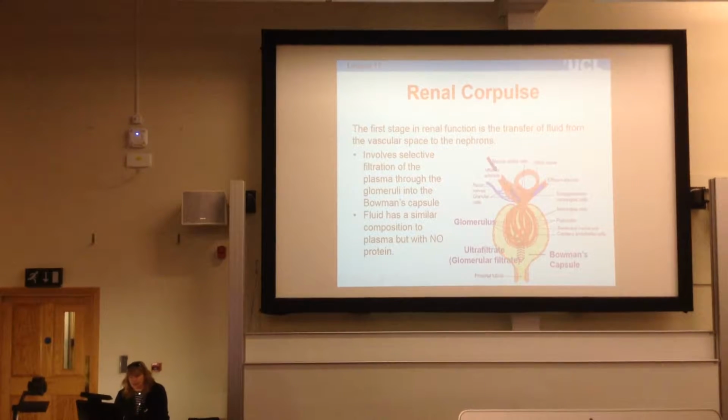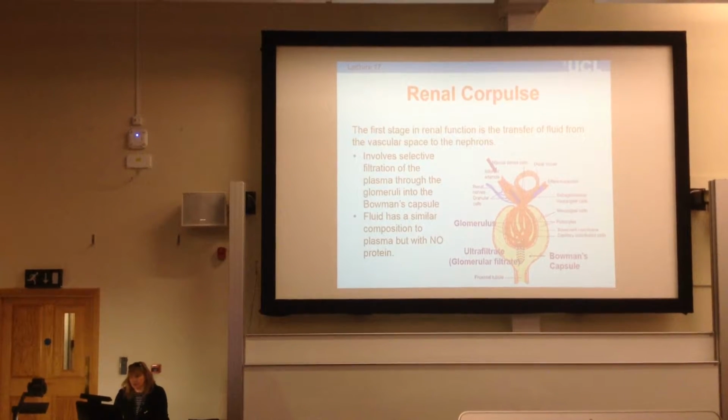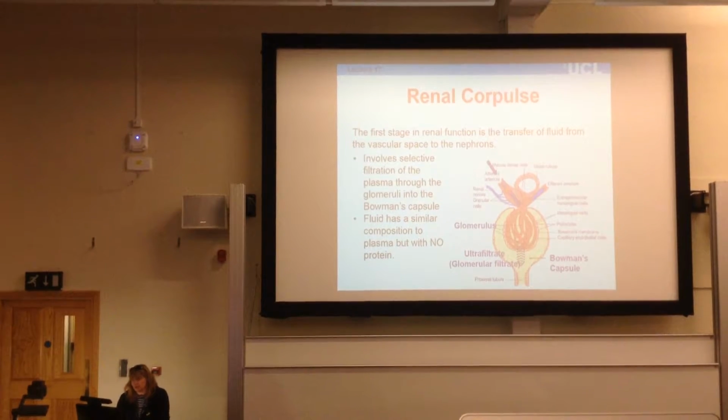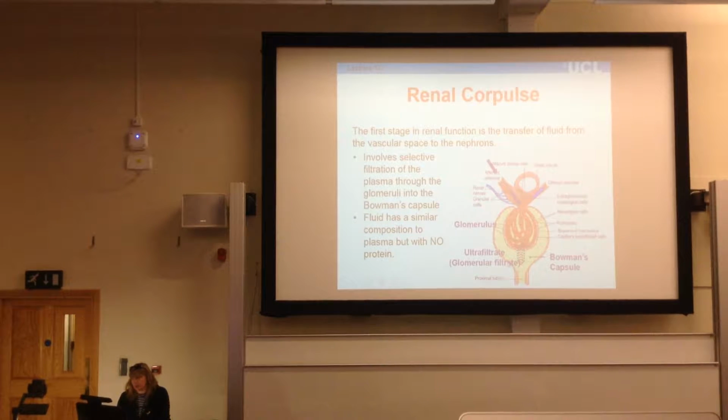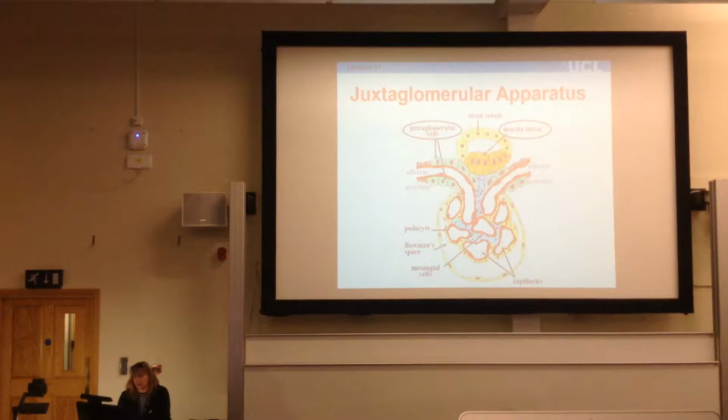So we have a range of selective filtration barriers within the glomerulus capsule, and we know that the fluid that gathers within the glomerulus capsule space contains little or no protein, but a similar composition to plasma. And I'll show you the evidence for that in a few minutes.